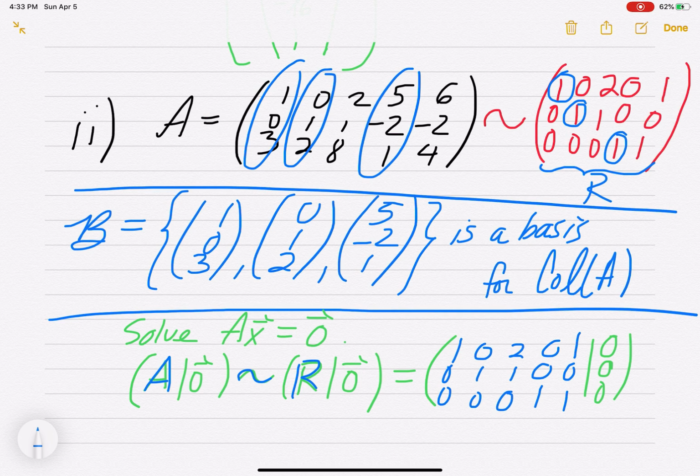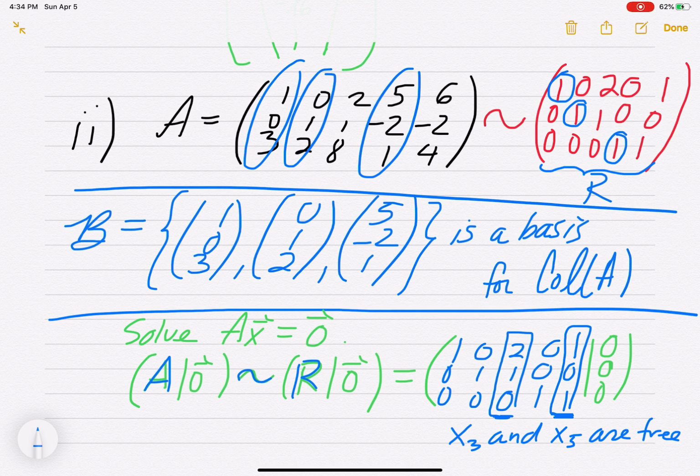Okay, so we said that 3 of our columns, 1, 2, and 4, are basic columns, basic variables. So x3 and x5 are free, right, because these 2 columns don't have pivots right here. No pivots, right? Yep.